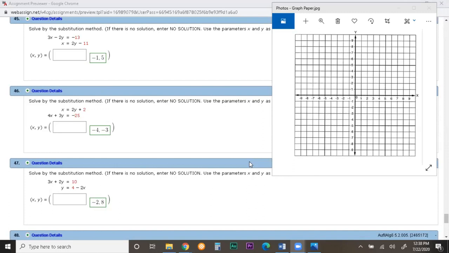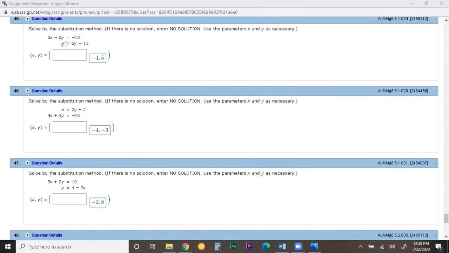With these problems, I kind of went easy on you guys and already have one of them solved for a variable. So these problems should be really easy for y'all. All you have to do is substitute it in and just do what needs to be done, okay?